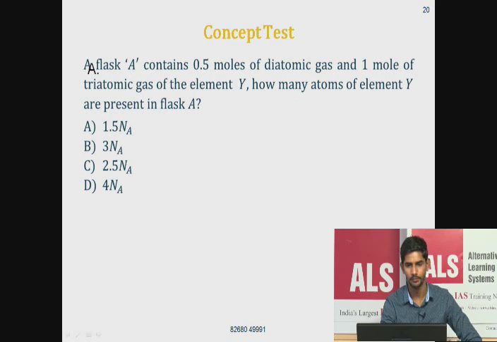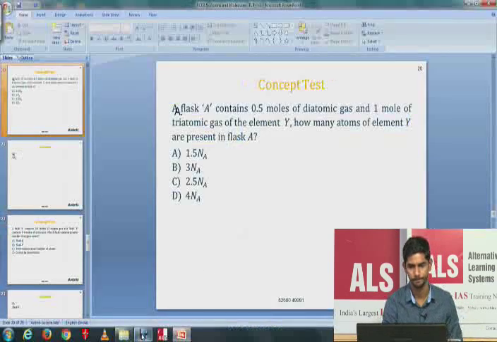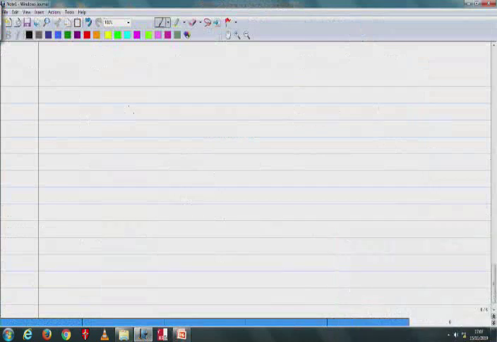Flask A has 0.5 moles of diatomic gas and 1 mole of triatomic gas. How many atoms of element Y? No, it should be B. Look at this.